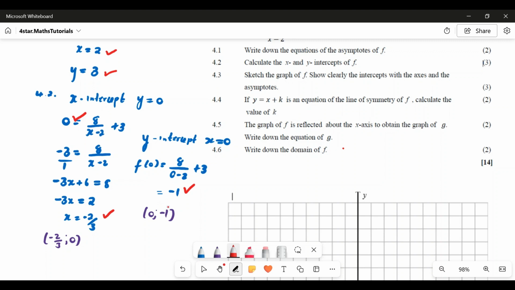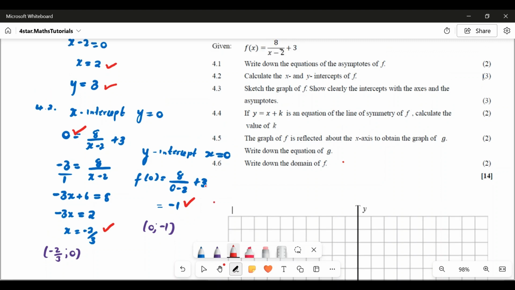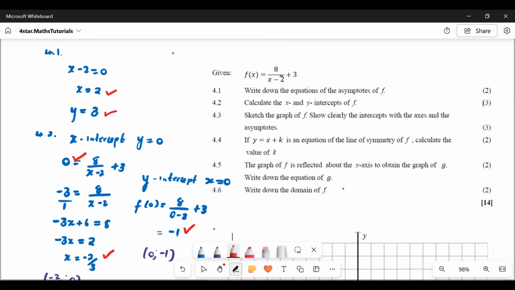The next one says we must sketch this hyperbola. When we sketch a hyperbolic graph, we must take note of the following. If the value of a is greater than 0, in our case, the value of a is 8, which is greater than 0, it means that we are going to have a hyperbola that is decreasing. So if this is the y asymptote, and this is the x asymptote, then the graph is going to decrease from the left hand side.